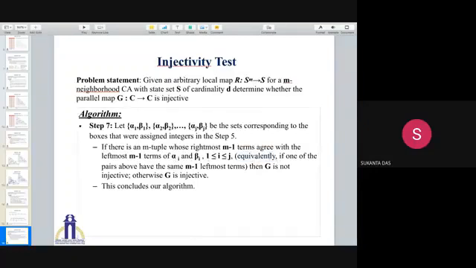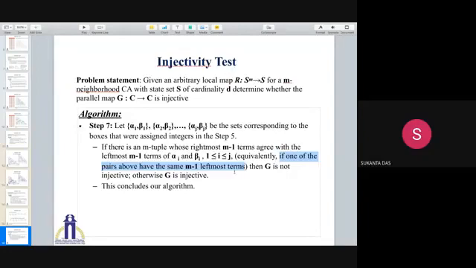Read this part: if one of the pairs has the same M minus 1 leftmost terms, then you declare that it is not injective, otherwise injective. And this concludes the algorithm.